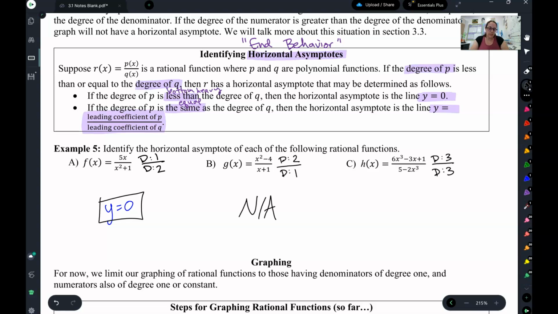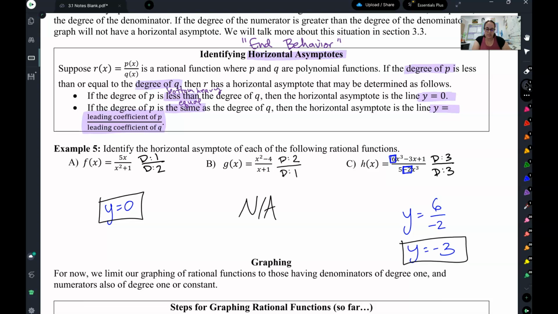Leading coefficient is the number in front where we found the degree. So if I look here, since they're equal, we're going to go y equals, and I look at the leading coefficient on top is a 6. And the leading coefficient on bottom is a -2. So I'm going to simplify that and get an answer for y equals -3.